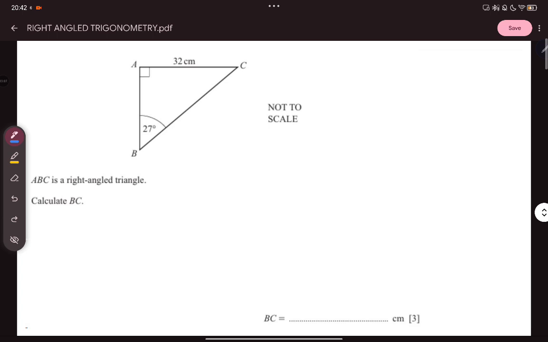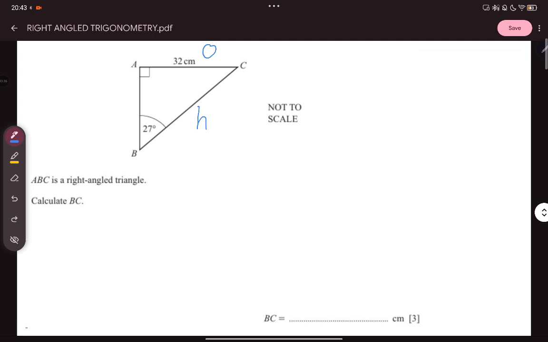Here's my answer. ABC is a right angle triangle. Calculate BC. So the side they want us to find, B to C, is actually the H side, isn't it? It's the side opposite the right angle. So that's the side that we call H, the hypotenuse. And the other side that we are interested in is the side that is opposite the 27 degree angle, so that's the opposite side.